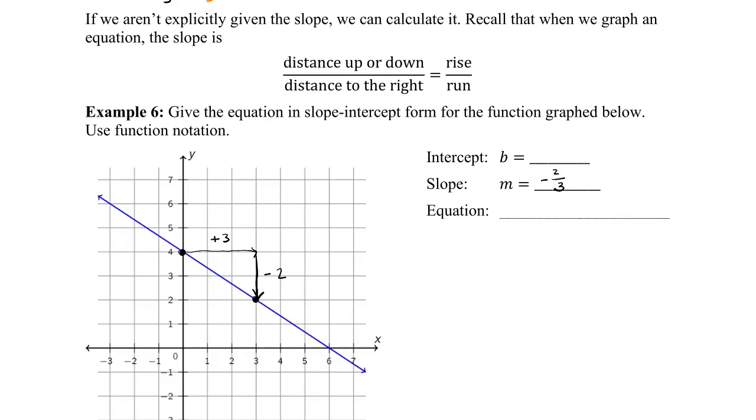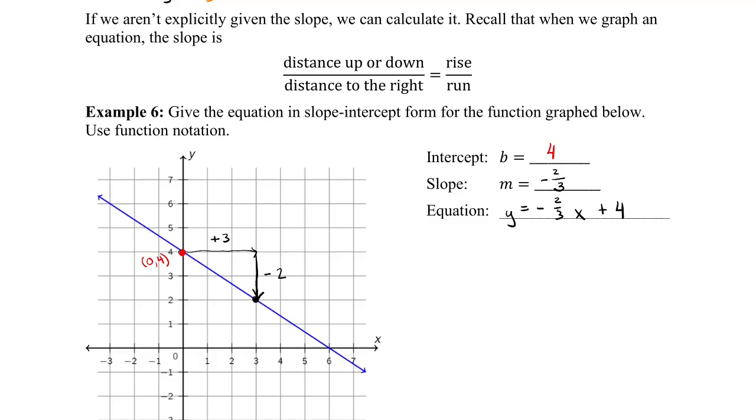The intercept is the point where we cross the y-axis. So this is the point 0, 4. Our intercept is the number 4. And so our equation in slope-intercept form is going to be y equals negative 2/3 x plus 4.